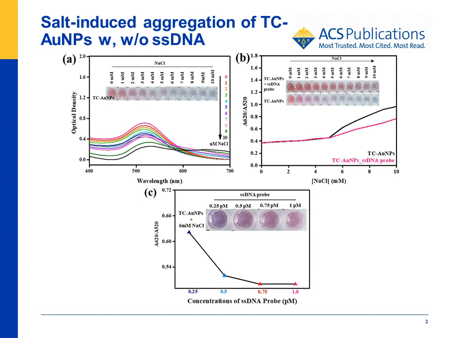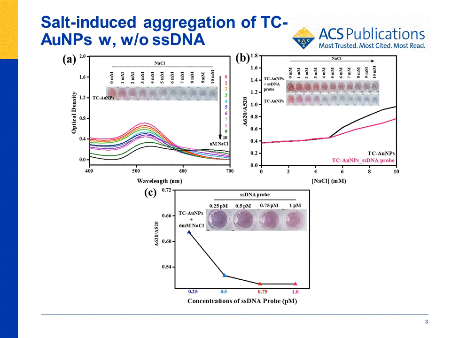This slide shows the salt-induced aggregation behavior of TC-AuNPs in the presence or absence of single-stranded DNA molecules. Figure A is the UV visible spectra of the synthesized TC-AuNP in the presence of increasing NaCl concentration. The pure TC-AuNPs exhibited an absorption peak at 520 nanometer, which shifted towards a higher wavelength with an increase in the concentration of NaCl solution in the media.